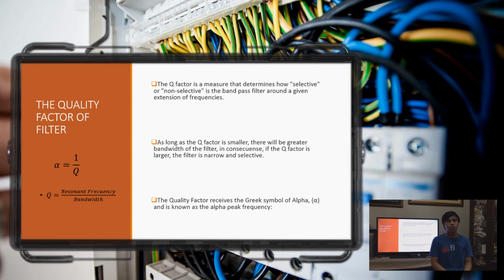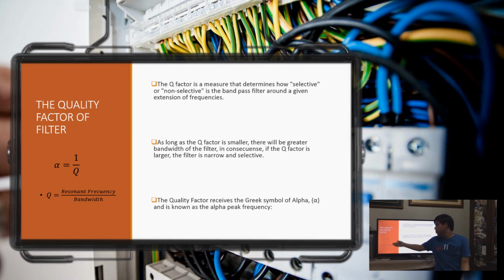The quality factor is given the Greek symbol alpha, known as the alpha peak frequency, denoted by the following expression: alpha equals 1 over the Q factor. The Q of a bandpass filter is the ratio of the resonant frequency to the band between the upper and lower -3 decibel frequencies. The Q is denoted by the following expression: Q equals resonant frequency over bandwidth.